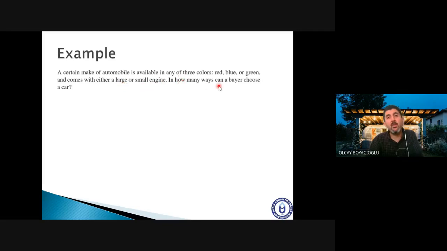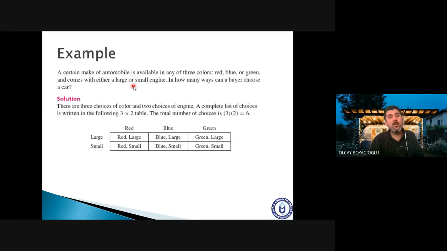Alright. In how many ways can a buyer choose a car? Very simple. What are the options? 3 colors and 2 engine options, which is simple, right? 3 colors here, red, blue, and green. Engine sizes, large engine, small engine. So you can get a red car with a large engine.